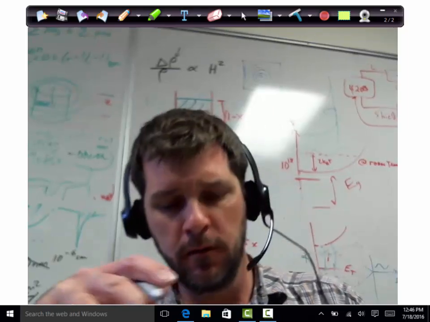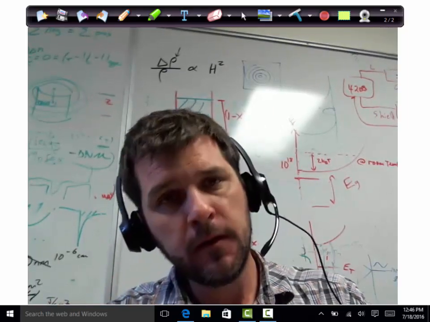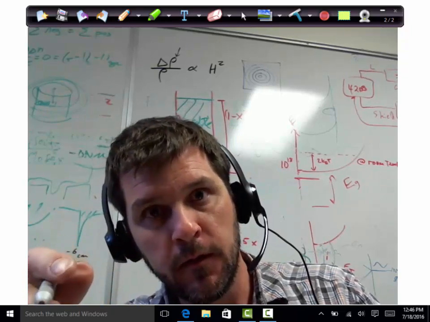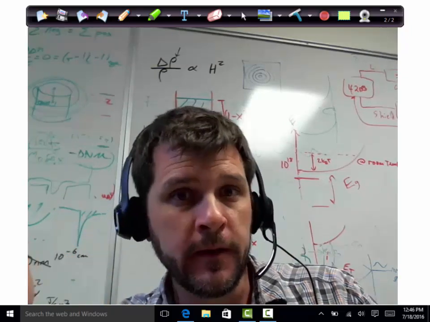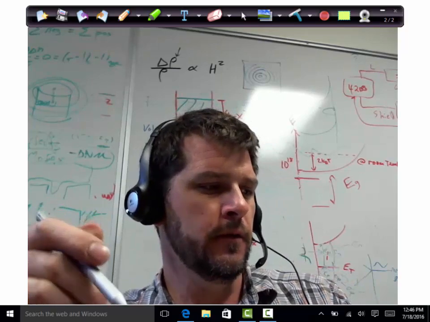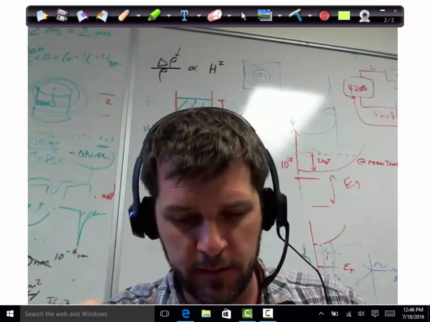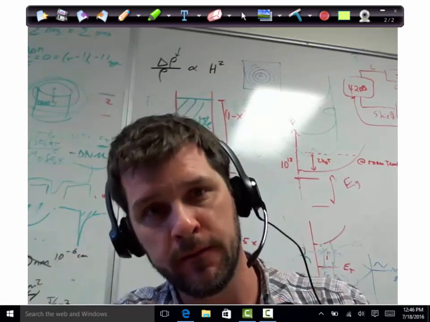That's something I'll refer to in a little bit when we're talking about the intrinsic carrier density. It tells you, roughly speaking, where the Fermi energy is in an intrinsic semiconductor, and the answer is basically halfway in the band gap.